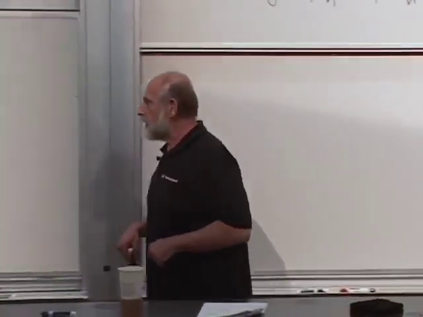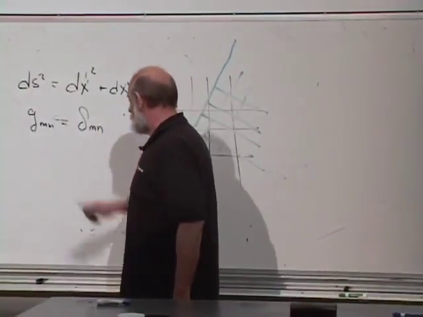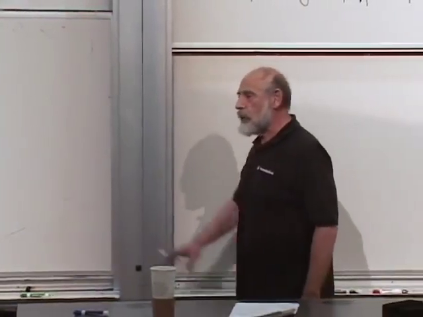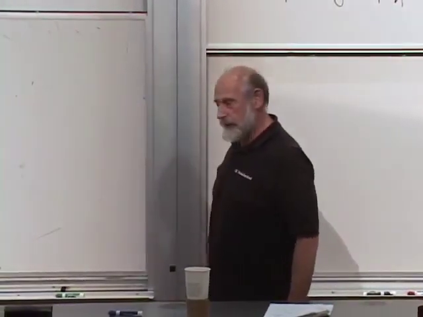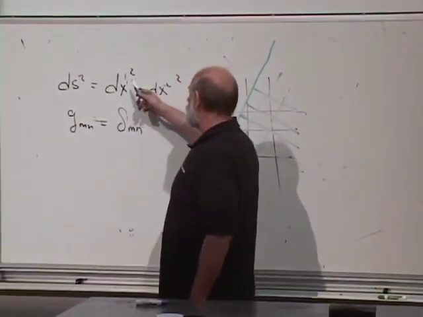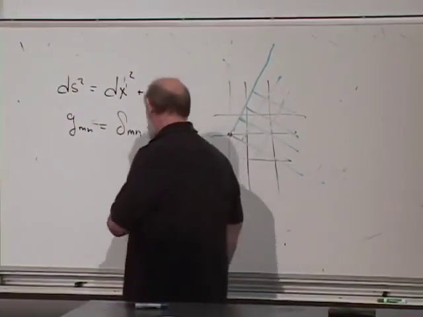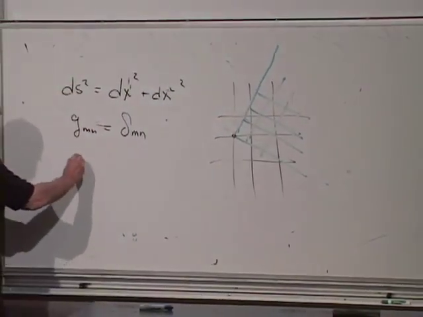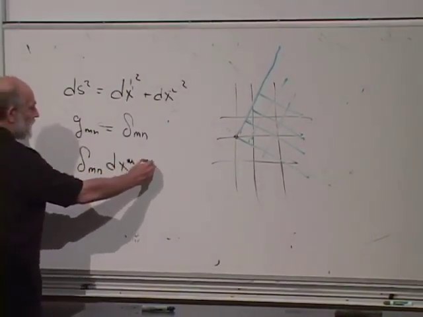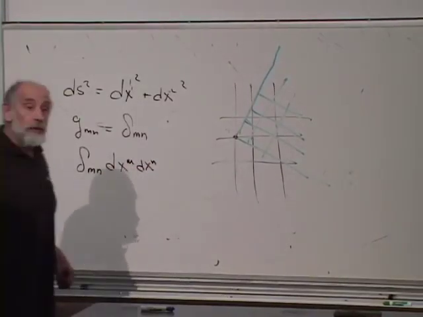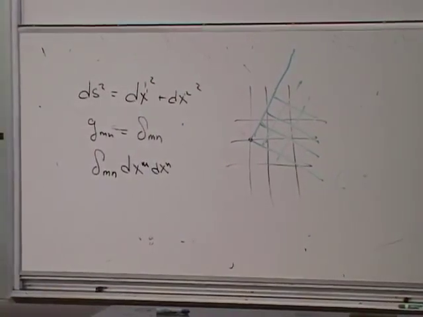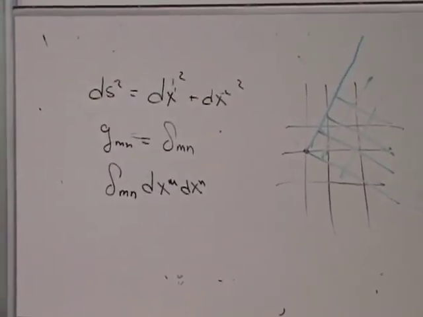For curvilinear coordinates, this equation would be nonsense, but if we're just translating between Cartesian coordinate systems, just rotating them or translating them, then in every such coordinate system, the metric is just dx1 squared plus dx2 squared, which I can also write as delta_mn dx^m dx^n. In Cartesian coordinates, there's no difference between upper indices and lower indices. They're the same things. So there's a lot of simplification.